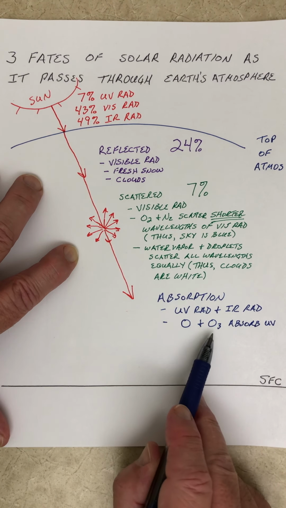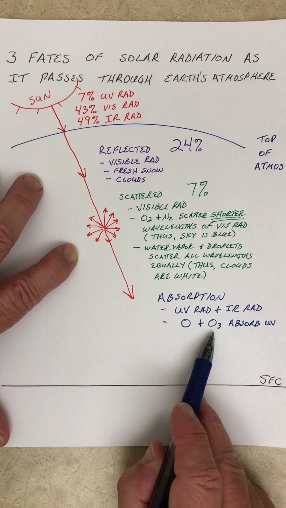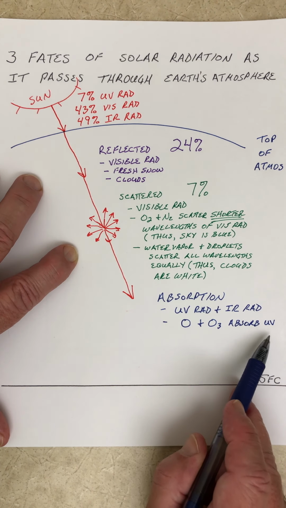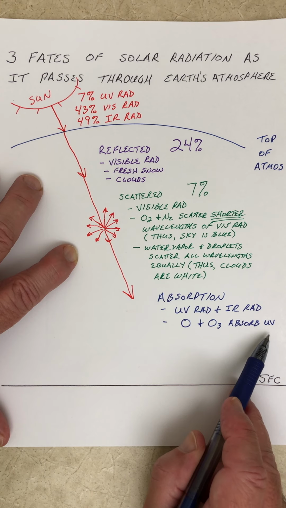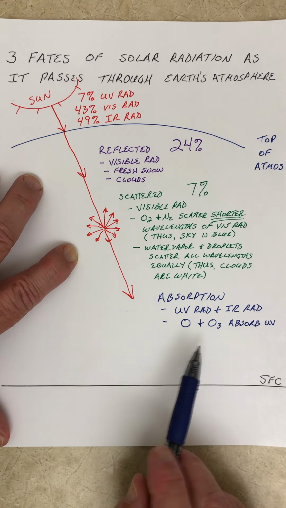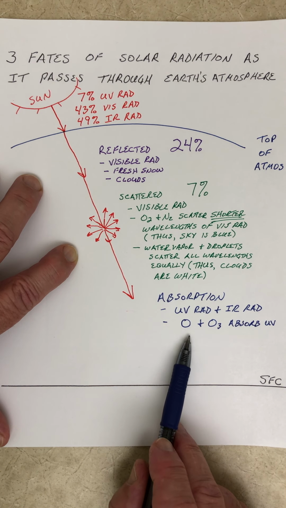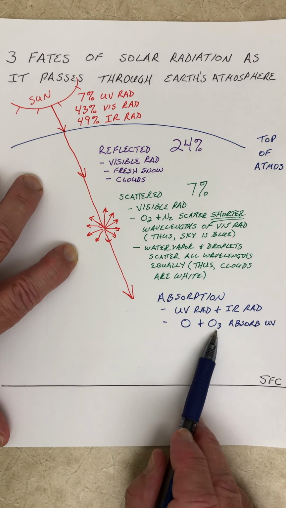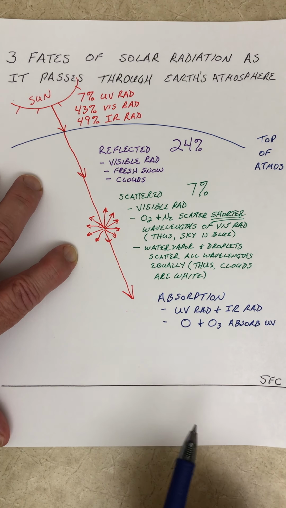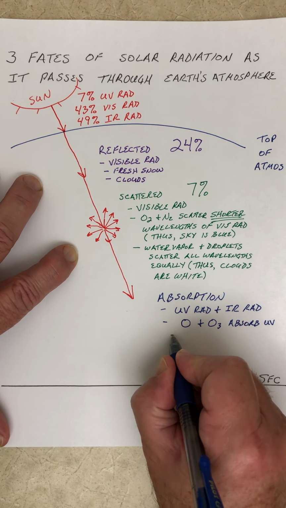Remember we talked about ozone in the stratosphere and oxygen in the thermosphere absorbing ultraviolet radiation as solar radiation passes through the Earth's atmosphere. And that's why temperatures increase with height in the stratosphere, thanks to ozone, and in the thermosphere, thanks to oxygen.